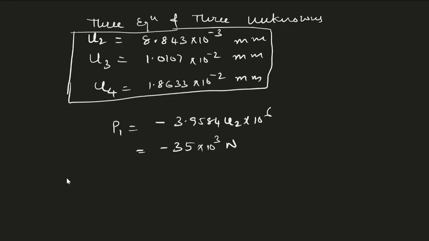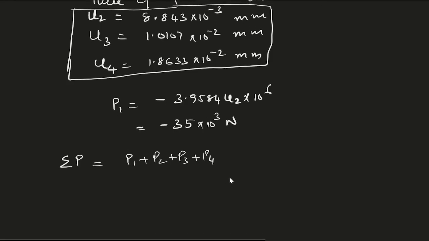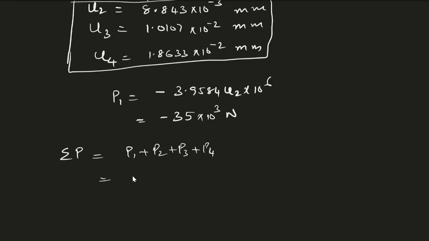If you see, we take the summation of P: P1 plus P2 plus P3 plus P4 should be equal to 0. We got P1 as minus 35 and P2 is 20, and here they have taken 10 power 3, I'm converting to kilonewton as well, plus P3 is 0 plus 15.